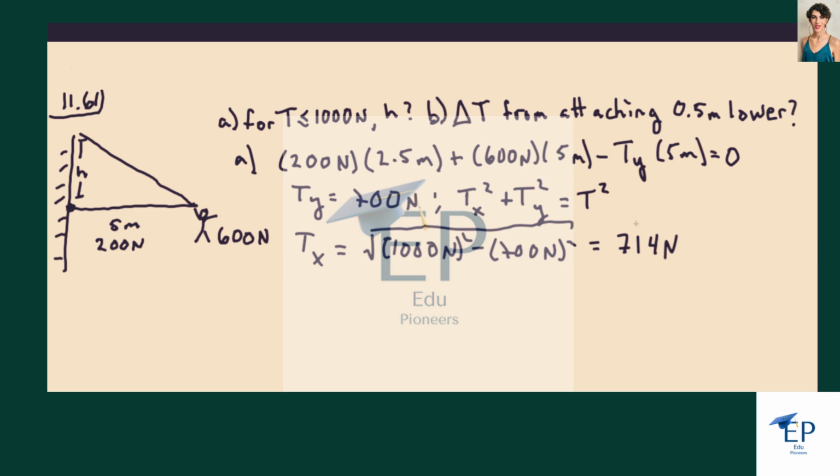Now, we call this angle theta. We know the opposite and adjacent lengths and also tensions, because the vertical and horizontal tension.